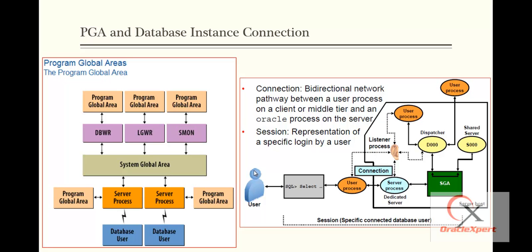So my client, by providing the login credentials, is making a connection request, which ends up with a listener process here. A listener is a special process running on your database server, which continuously listens for incoming client connection requests.